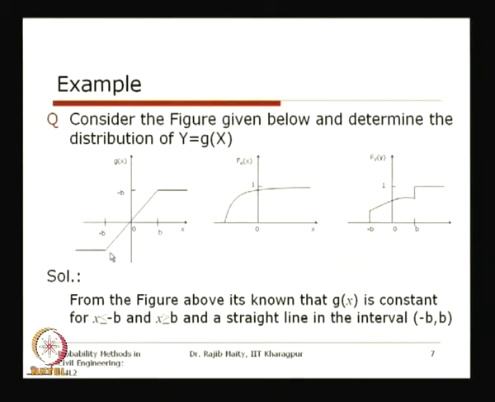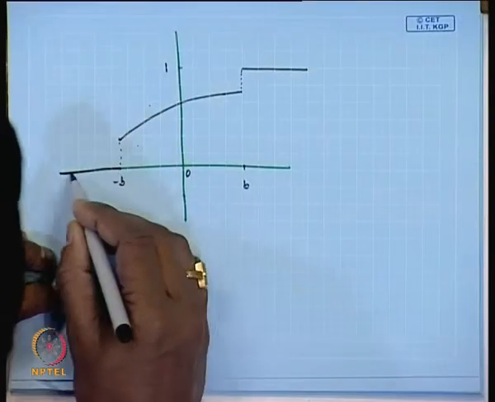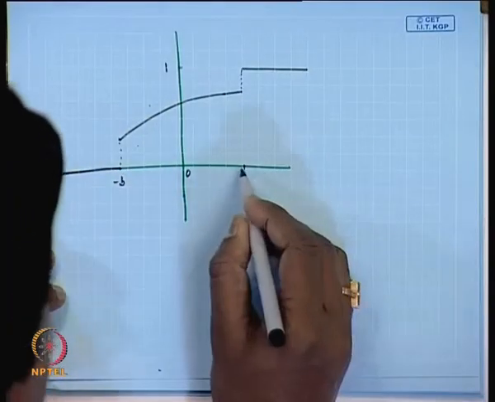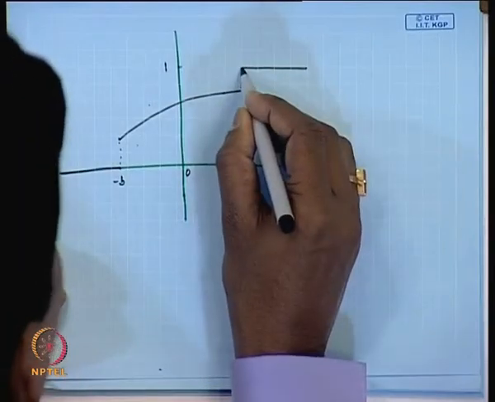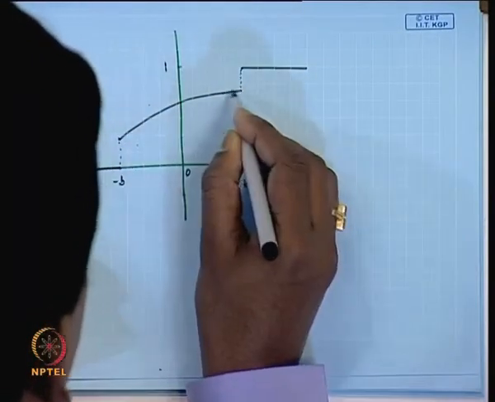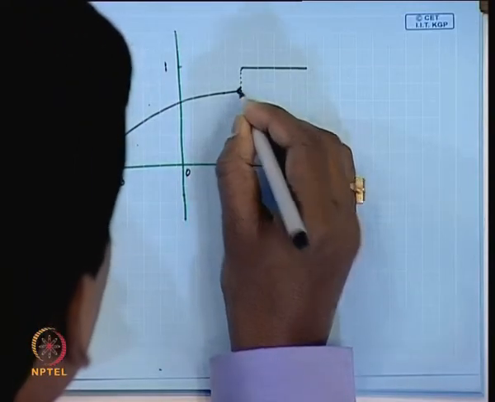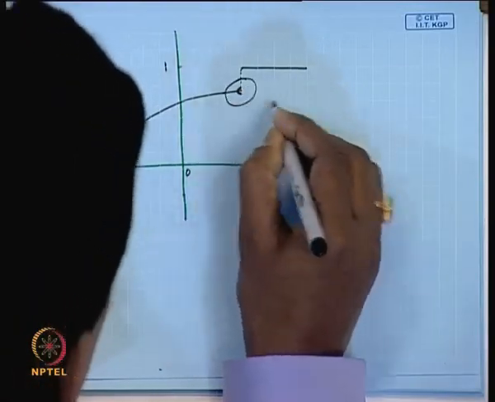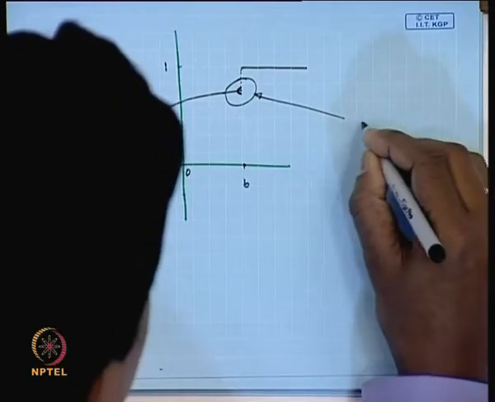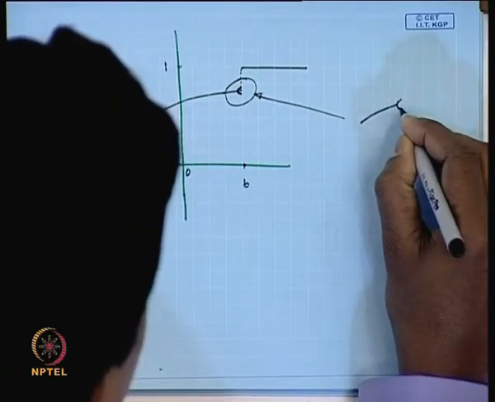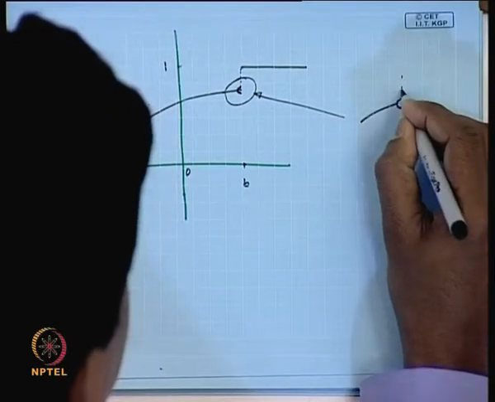At minus b the value is 0 and at plus b the value is 1. So, this line, which is the similar form of F_X, cannot take this value. If I zoom into this part, it looks like this. It can go as close as plus b, but it cannot take the value at plus b.